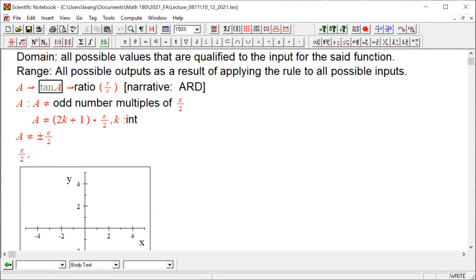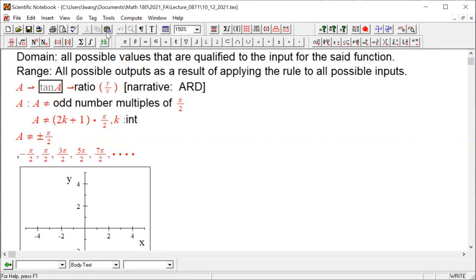You arrange them in a certain order. 3 pi over 2, 5 pi over 2, and what else? 7 pi over 2, and so on and so forth. You keep going. In the other direction, you have negative pi over 2, and you have negative 3 pi over 2.